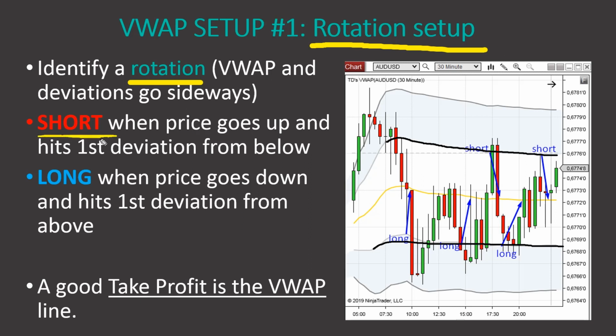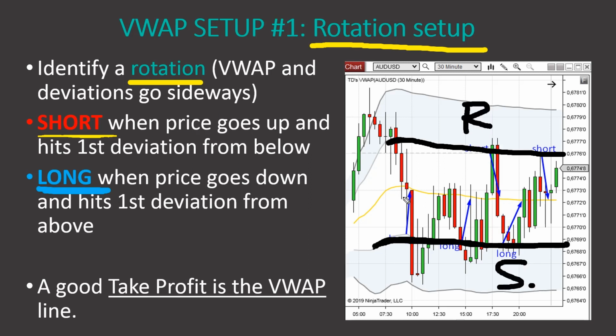Now it gets real simple. You go short when the price hits this first deviation, and you go long when the price hits this deviation. This lower deviation is a support, this one is a resistance. The price is moving between those two, between this support and this resistance.